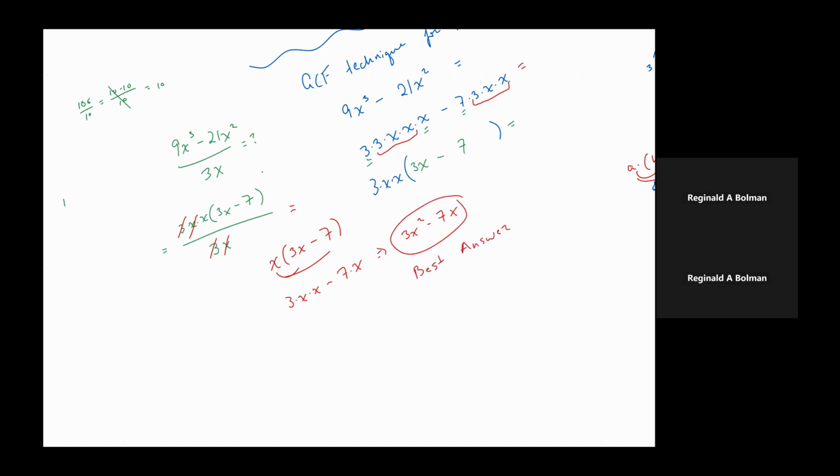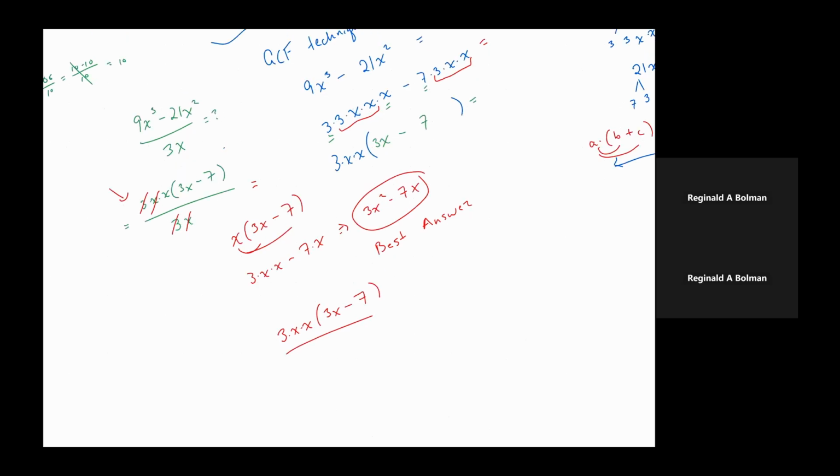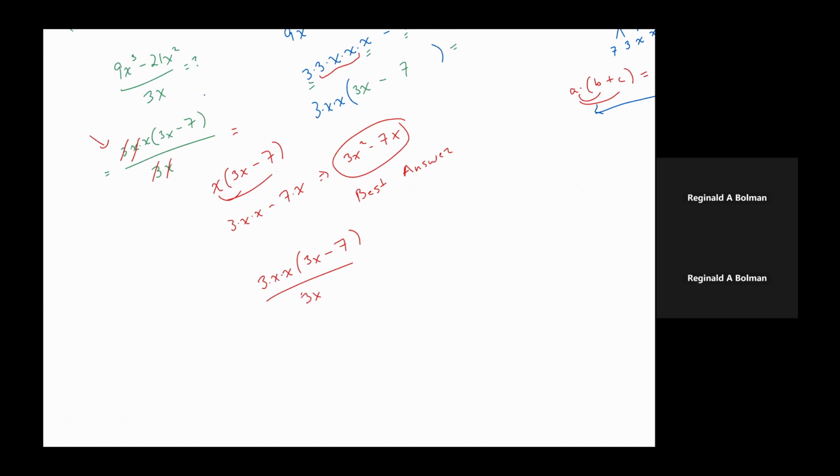All right. Now, there are a couple of hiccups that we need to understand whenever we go about doing polynomial division. First hiccup: if we back up to this step right here, I have seen a fair number of students, even in Math 1050 or Math 1100, ask the question, look, if we have 3 times x times the quantity 3x minus 7, why can't I just divide out the 3x and the 3x there?